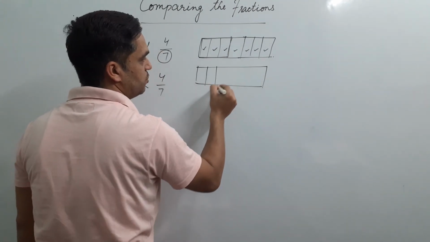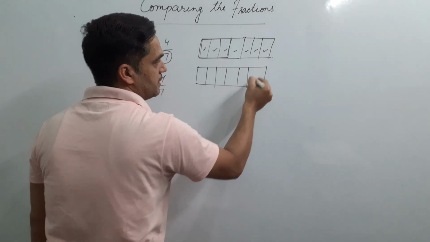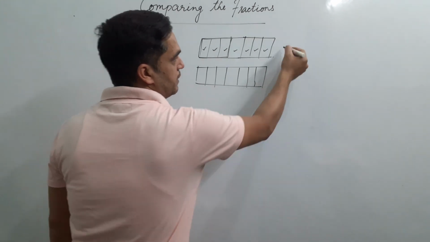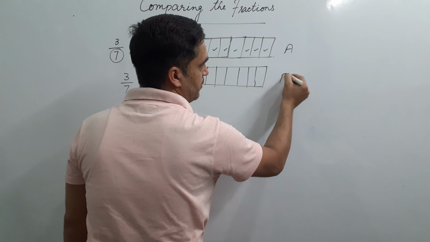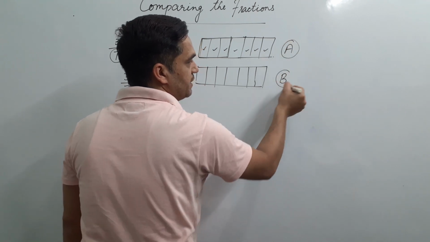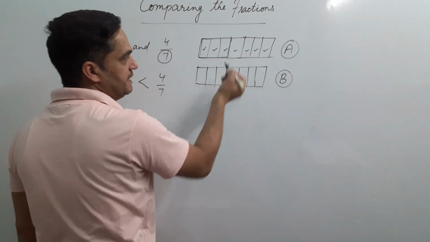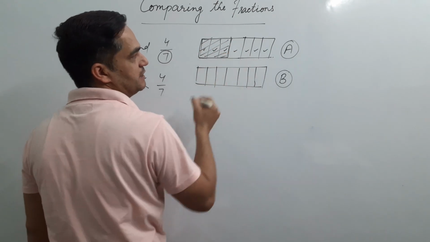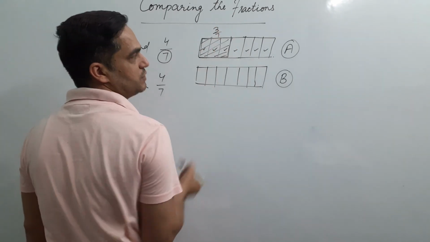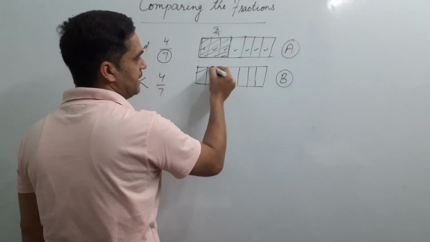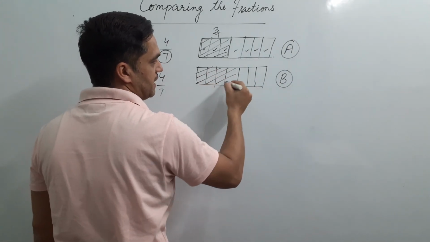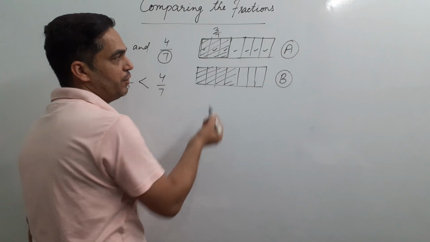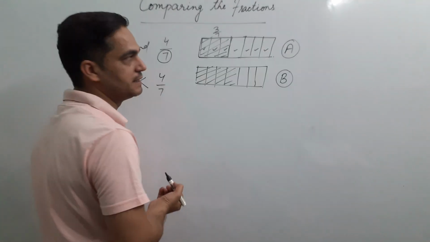There are 2 persons, A and B, getting these chocolates. A is getting this part, 3 by 7 of the chocolate, and B is getting 4 by 7 of the chocolate. Now you can compare which one is greater.